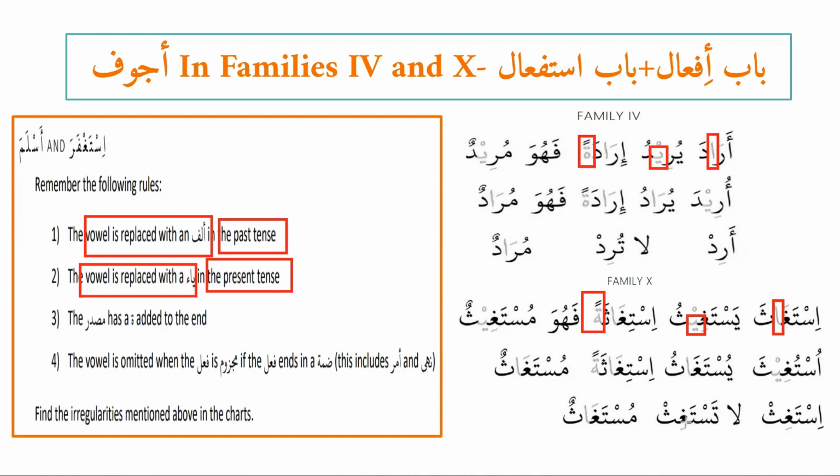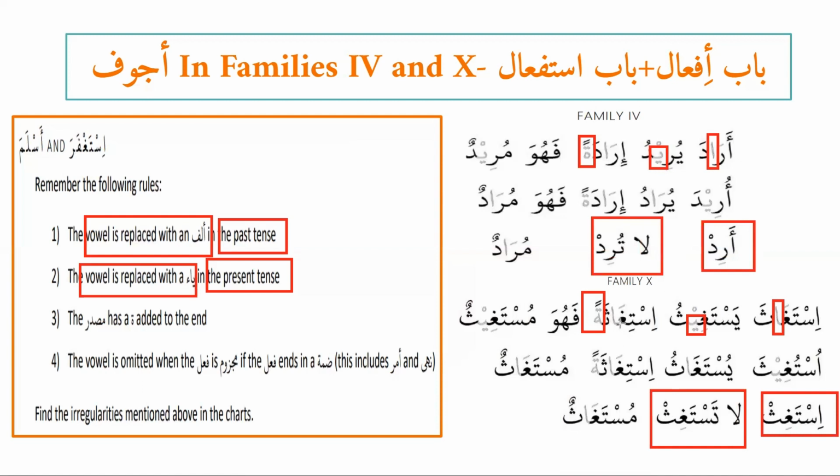And then the ism fa'il forms are just normal, like mustaghisun, and ism maf'ul mustaghasun. When it comes to the majzoom form, whether it is present tense lightest or fe'l amr or fe'l nahi, the vowel is omitted or dropped in those forms in which you normally have dhamma at the end.